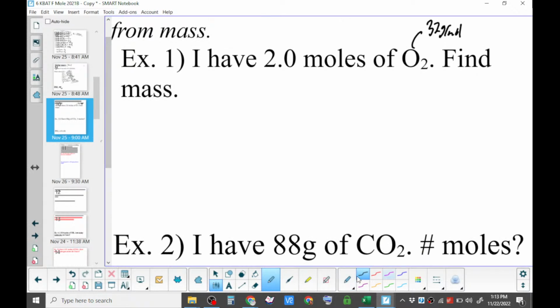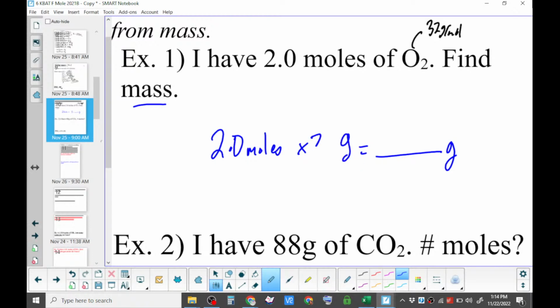So here's how I would lay it out. I have 2.0 moles multiplied by, now I want to find the mass. So what do I want to get? Grams. So what do I multiply by? 32 grams per 1 mole.